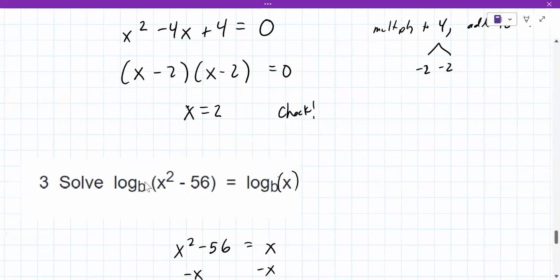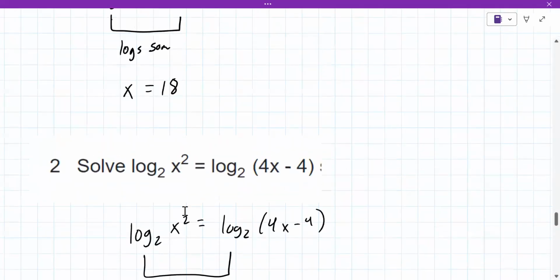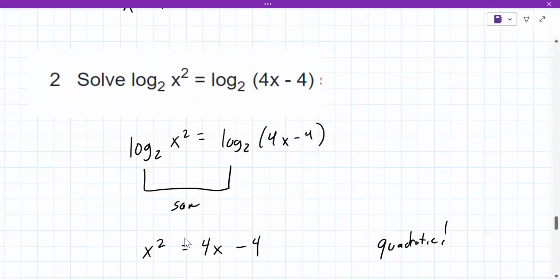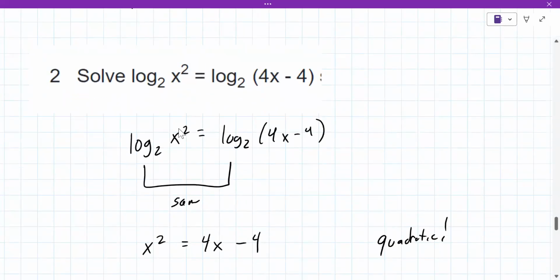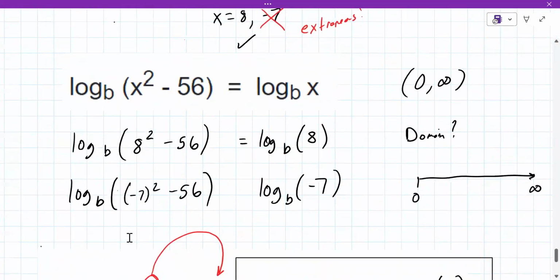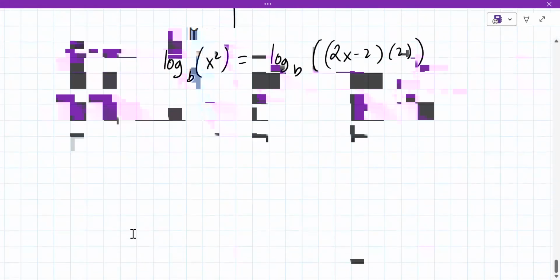Let's go back and look at the problem here. Log bases are the same. So when they're the same, you can set the inside parts equal. Do you have the same scenario here? Yes. So what can you write next?